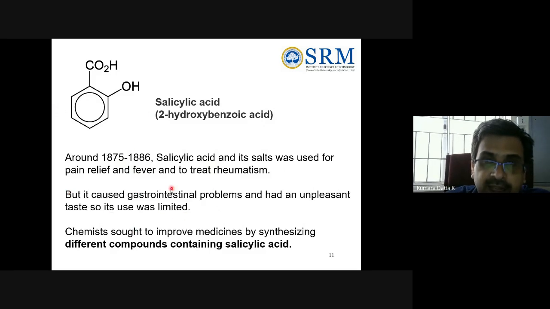They thought it could lead to these gastrointestinal problems along with the bad taste. Still, it was not used that extensively, though somehow it was used to reduce fever and pain. Then a lot of chemists thought of improving salicylic acid in different forms, replacing H with some alkyl group, or H with salts of sodium, ammonium, whatever; they kept on trying.